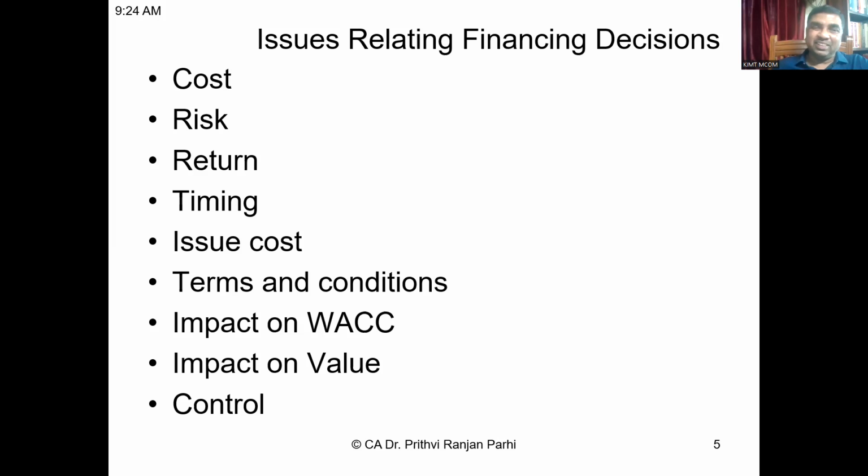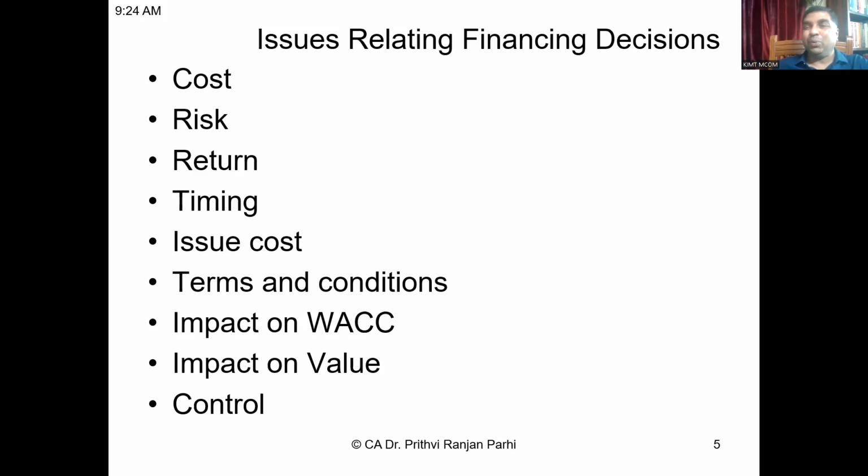So when taking a financing decision, I need to understand the costs. I need to understand the risk and how my return is getting affected. I'm taking a loan means I have to pay interest. It will affect my profit. It will affect my tax. It will affect my return. I need to understand that.